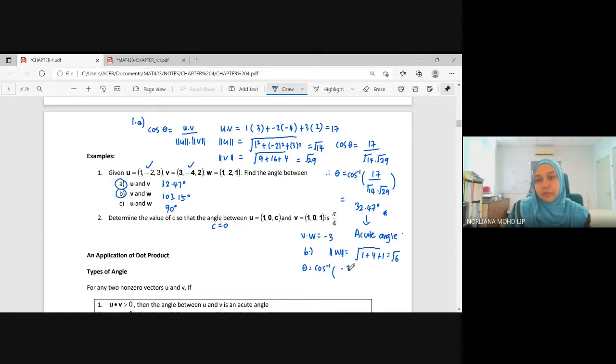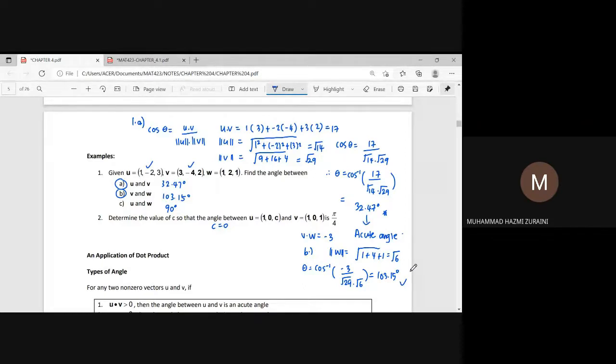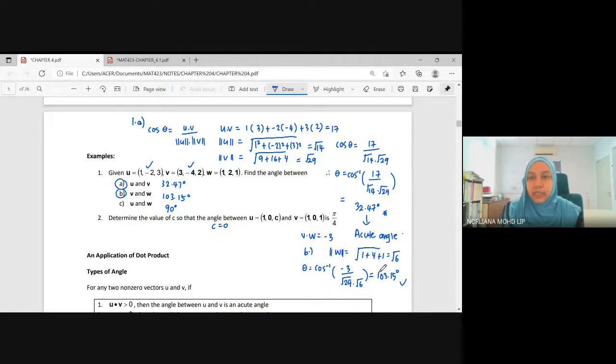So negative 3 over square root 29 times 6. Okay, akan dapatlah ni kan 103.15. Okay, dapat tak? Dapat. So it is obtuse angle.